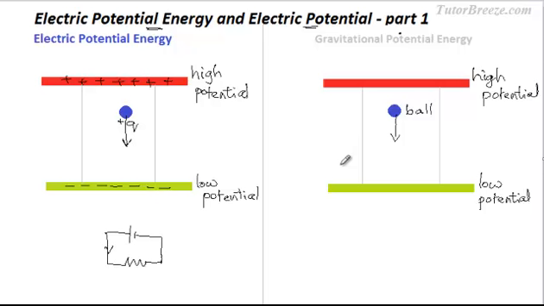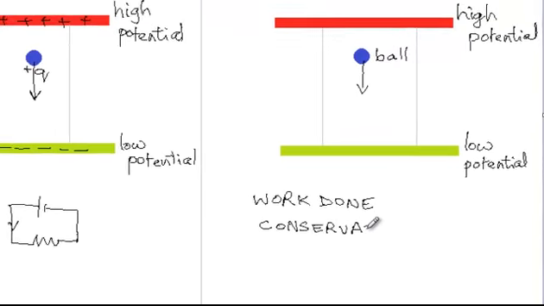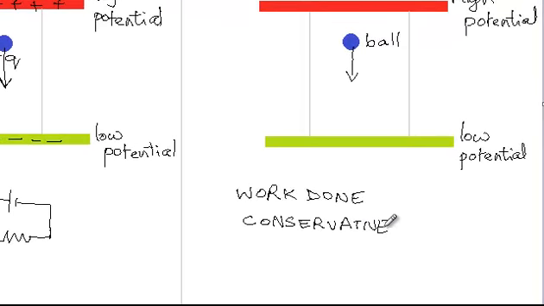Now, there are a few important points that we need to first take a look at, and some of these are the concept of what is work done, what are conservative forces, the relation between work done and potential energy, and the work energy theorem.